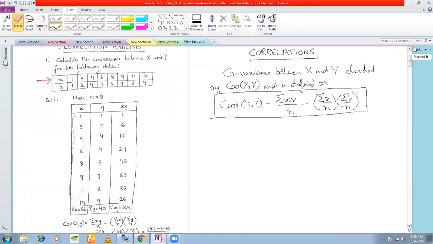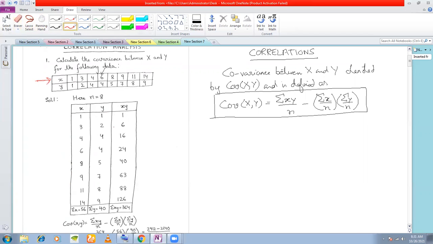So suppose you are writing 6 first instead of 1, that means in y you are going to write 4 here, and so on. Whatever it is, it is always good practice to arrange the values of x in ascending order. Whatever value you are starting with, arrange that in ascending order. So here it is already arranged.